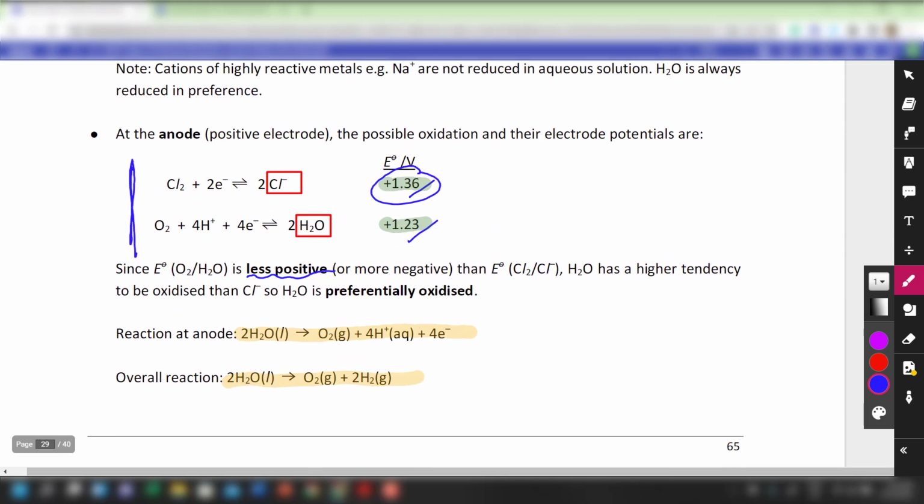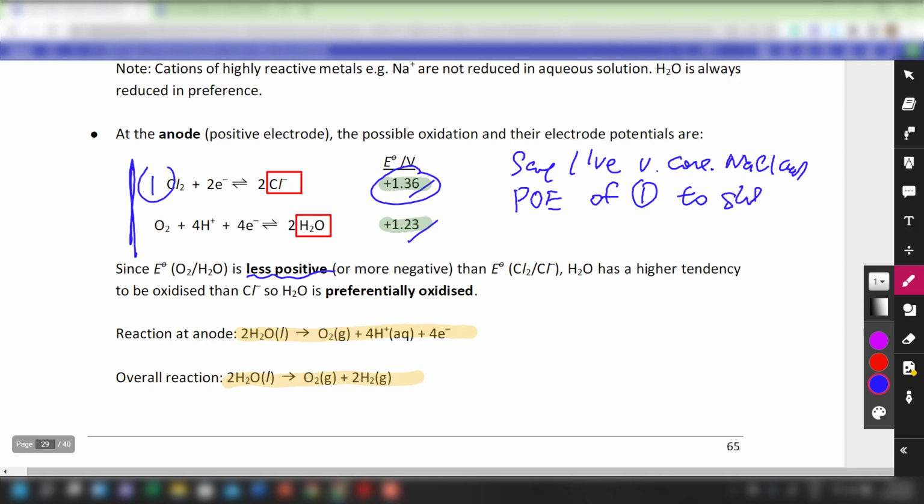Imagine this. If I have a very concentrated sodium chloride solution, I expect the position of equilibrium to shift left. Therefore I expect the reduction potential value for chlorine/chloride to be less positive than 1.36 volts.